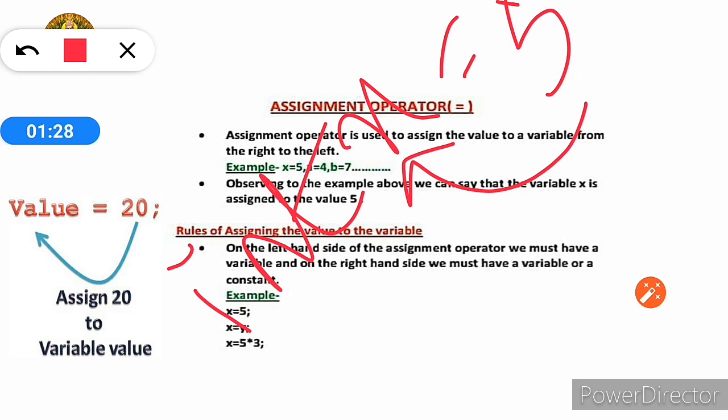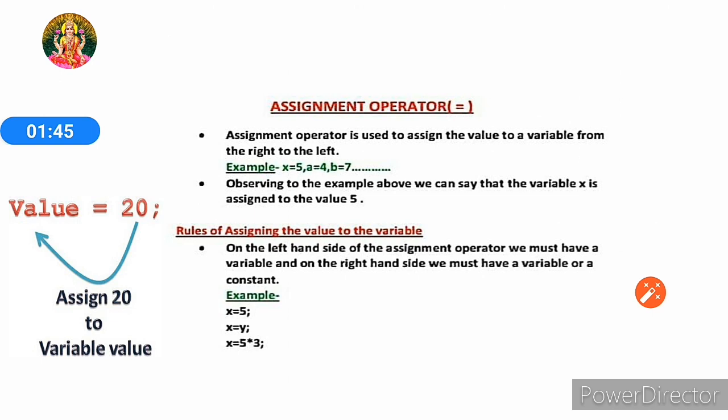So isn't it that the value 5 is being assigned to x from right to left? That is what we mean when we say the assignment operator is used to assign the value to a variable from right to left. Suppose int x equals 5, which made the assignment operator clear for you.